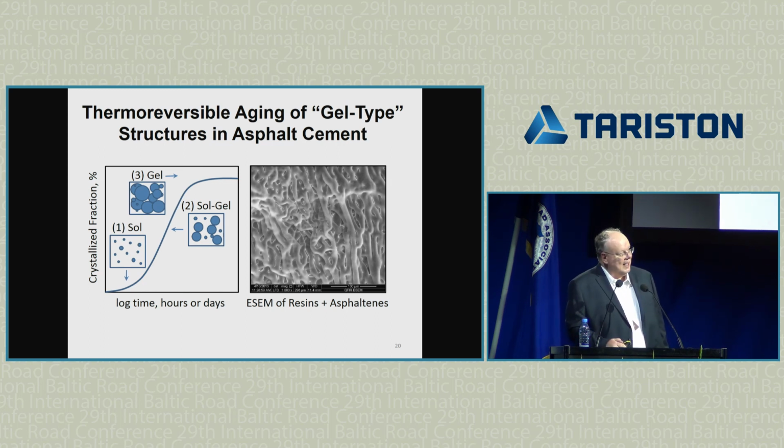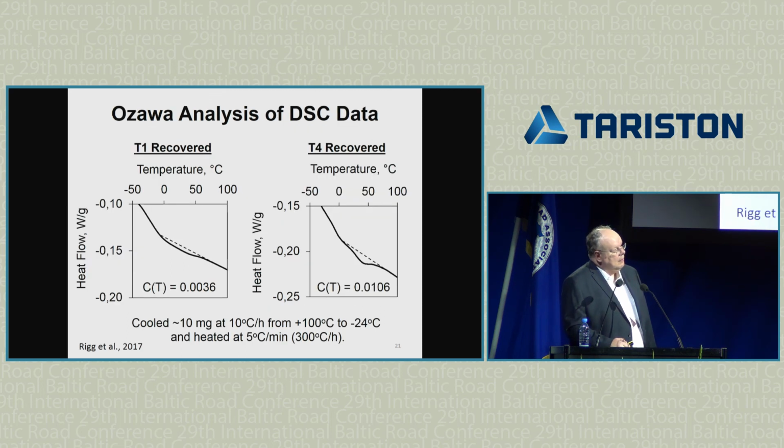And this is another ESEM picture, environmental scanning electron microscope, and you can see that this is what consolidates in time. It takes time, it takes 3 days to form this structure at very low temperatures. Modulated DSC, differential scanning calorimetry, we can measure the crystalline fractions by that area under the dotted line.